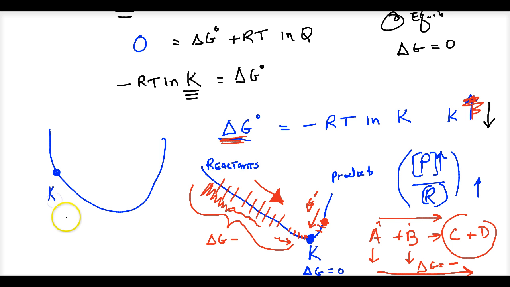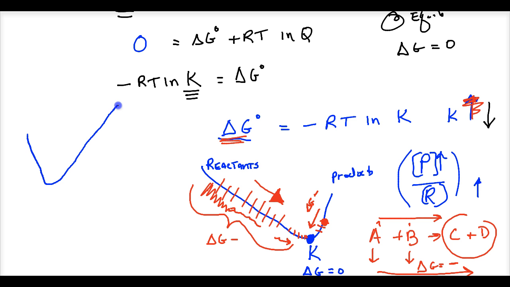K is equal to, and again, it's a bad drawing because I should draw it like this, okay? The K is over here, and we have delta G non-spontaneous equals 0 at this point, but at non-standard conditions, I can be at any place.